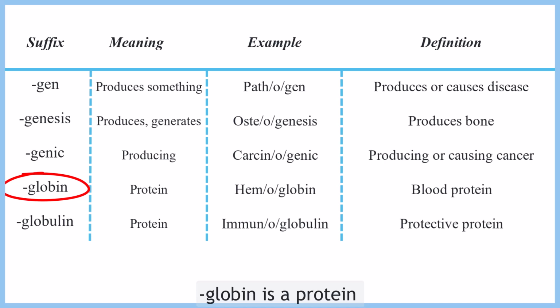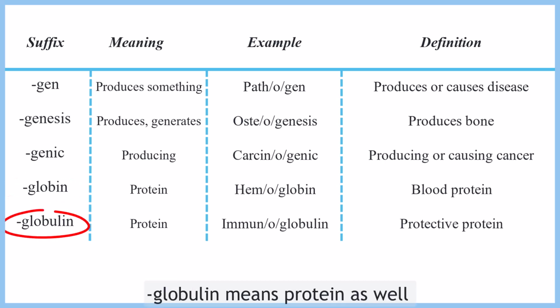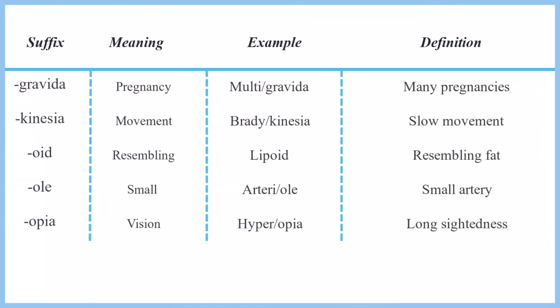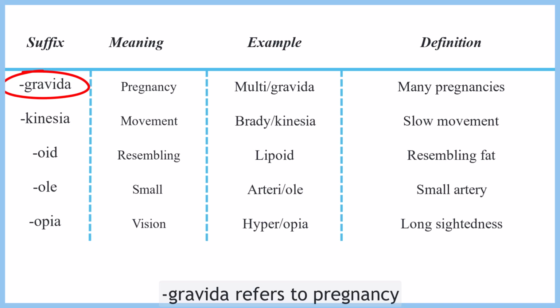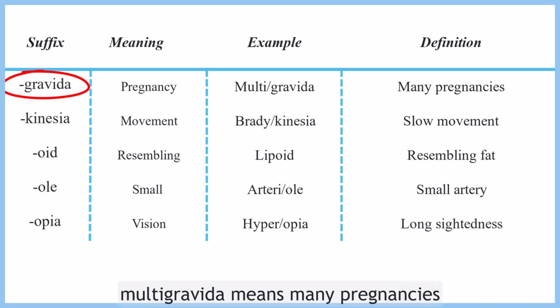Globin, it's a protein. For example, hemoglobin means blood protein. Globulin means protein as well. For example, immunoglobulin means protective protein. Gravida refers to pregnancy. Multigravida means many pregnancies.